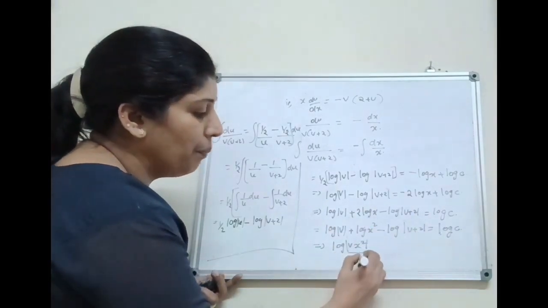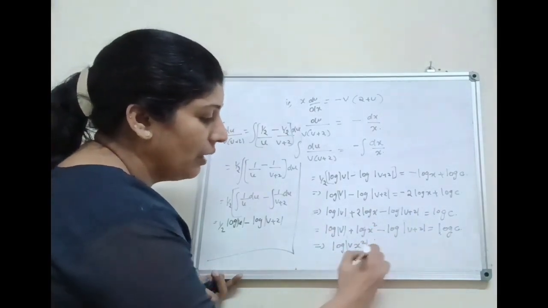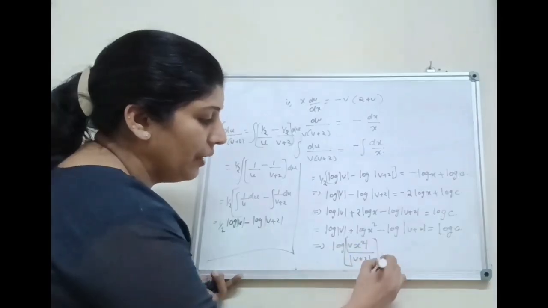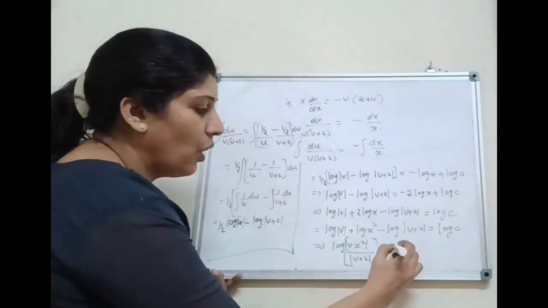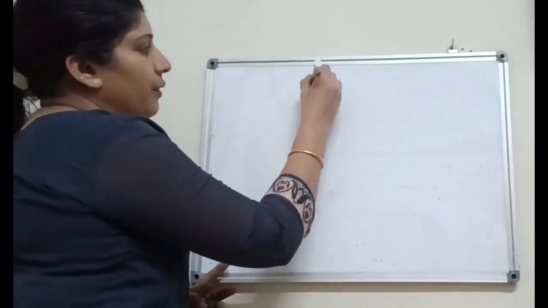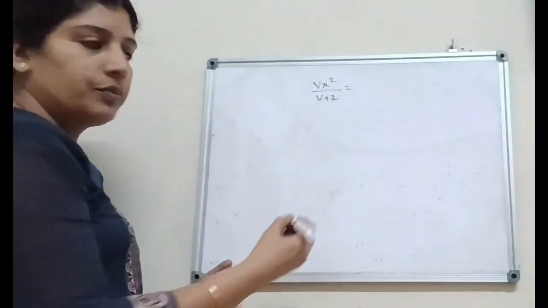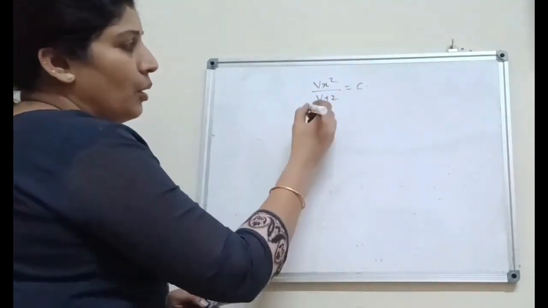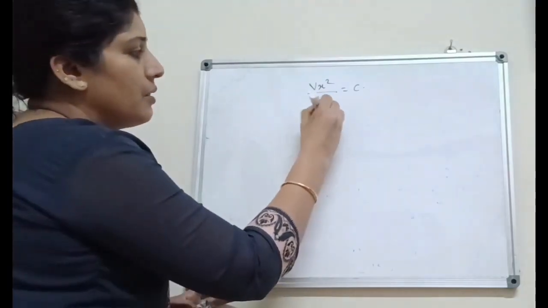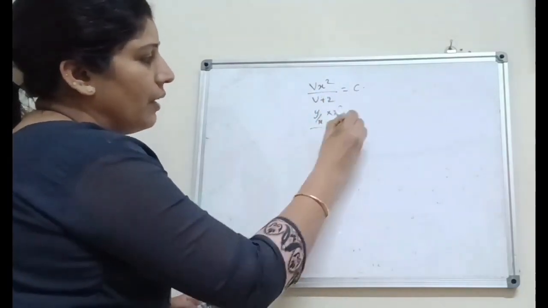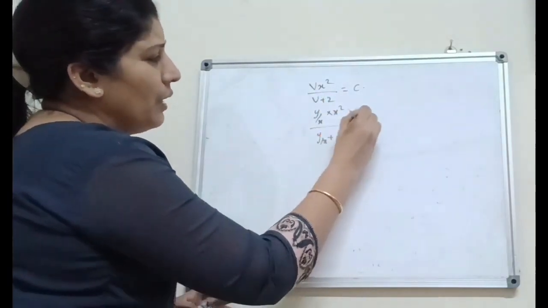So log v x square divided by v plus 2 equal to log c. Therefore, v x square by v plus 2 equal to c. Put v equal to y by x here. That is y by x into x square divided by y by x plus 2 equal to c.